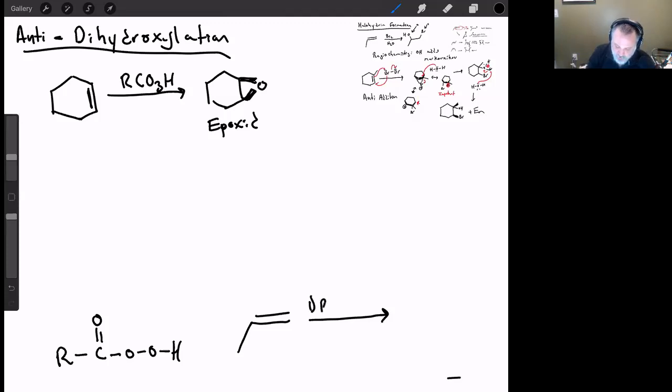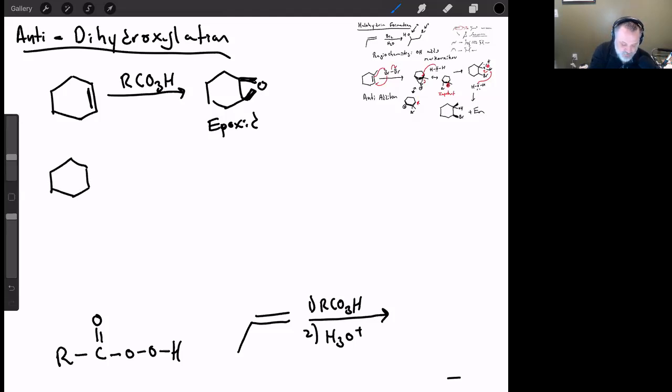I would do 1, RCO3H, and the second part would be acid, H3O+. And so this one is a two-step reaction, and we typically don't talk about it in this sense that there is an intermediate epoxide, but I think it is important for two reasons. One, because the reaction shows up again in organic chemistry 2, and also it explains the stereochemistry of the reaction.